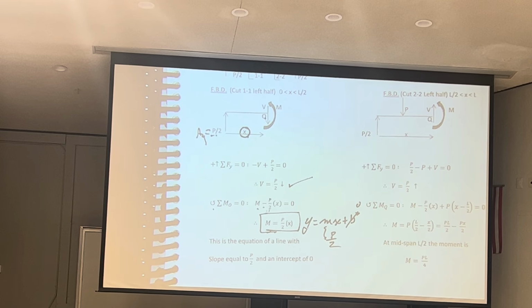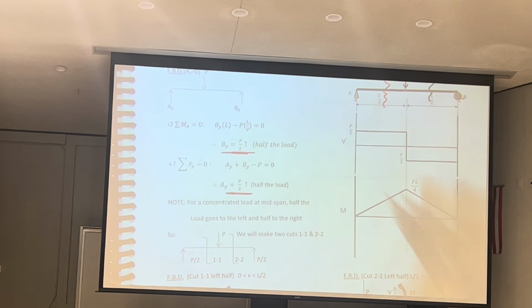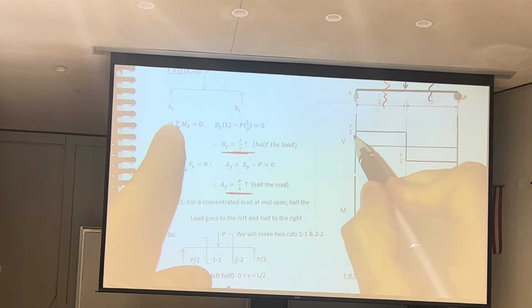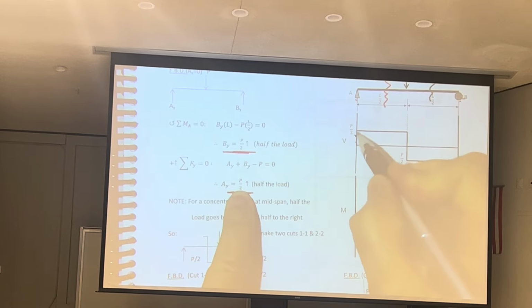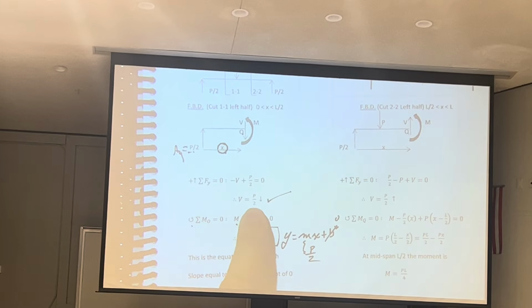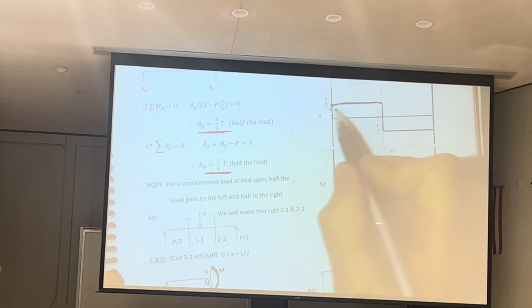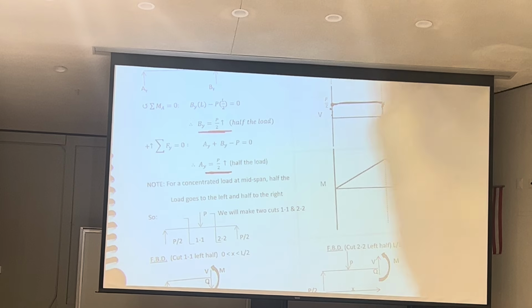So notice my shear is a value. So I start over here, which is AY. AY happens to be P over 2, so I'm going to go up P over 2. And it's going to stay the same, because you can see it stays the same. P over 2 is the same value as when it started. So that is a horizontal line across until I get to a load.